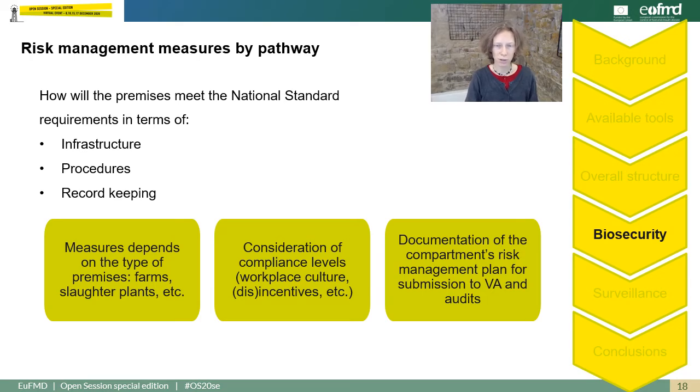Last, the exhaustive documentation of the management plan for the candidate compartment is a time-consuming process and should not be underestimated. It will provide the basis for the Veterinary Authority for assessment and audit purposes. I will now hand over to my colleague for some further consideration.